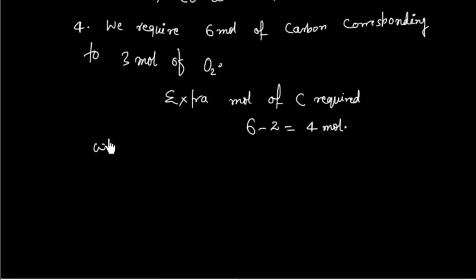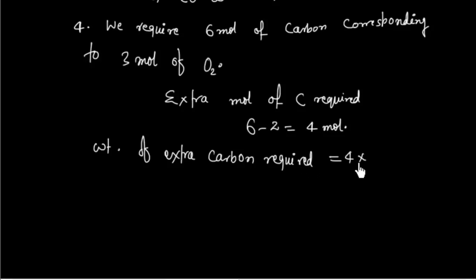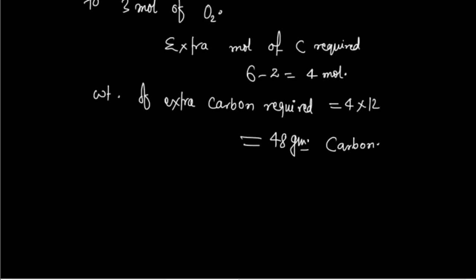So the weight of extra carbon required is equal to 4 into 12. So we require 48 gram of carbon so that at the end of the reaction nothing will be left in excess.